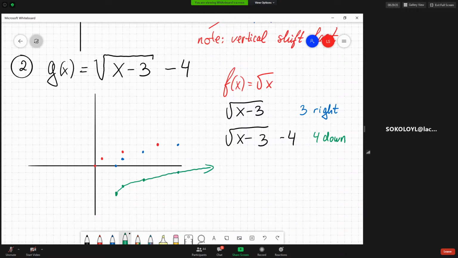Now, I know that my square root function, the parent graph, doesn't have anything going on here. I don't have any square roots for negative values. They're complex numbers. They're not real numbers. I don't quite like how this looks. Let me make it a little neater.